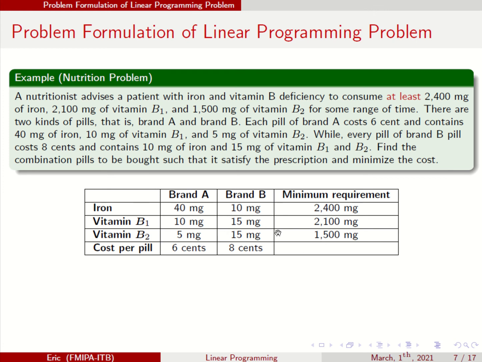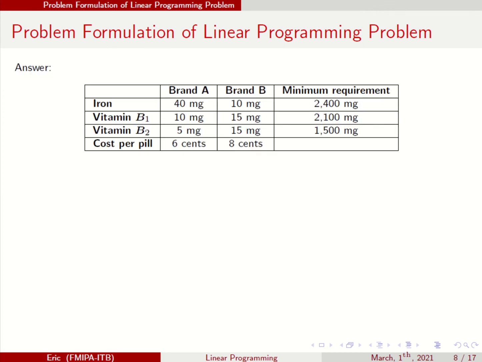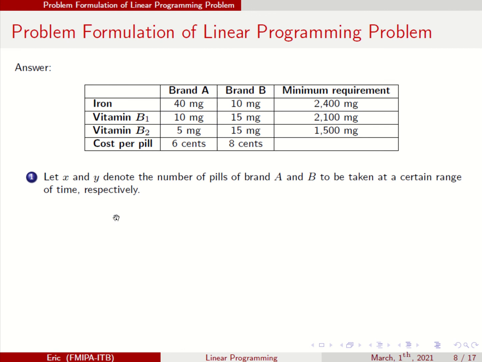Don't forget, in the problem formulation, you have to define your variables. Find the combination of pills, so you define X as the number of pills of brand A and Y as the number of pills of brand B.